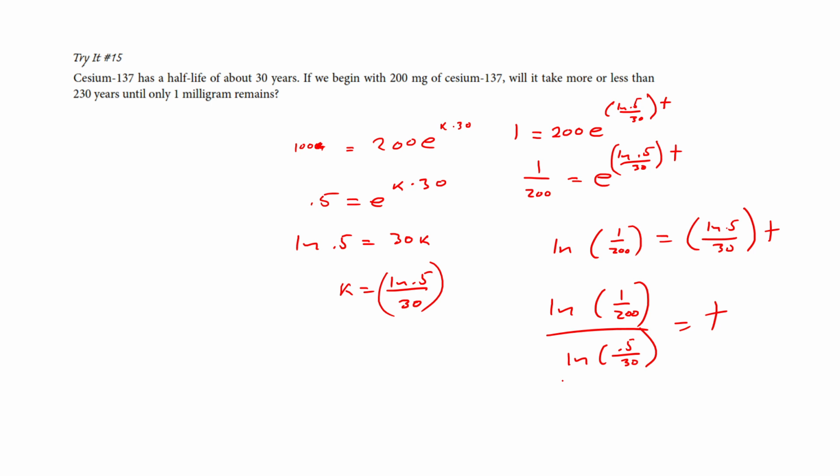So the natural log of 1 over 200 divided by the ln of 0.5 over 30 equals t. Okay, so we've got it. Now the question was, how long is it going to take? So we're going to actually need to crunch this down. So give me just a moment here as I divide this on my calculator.